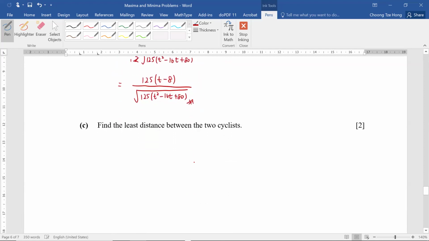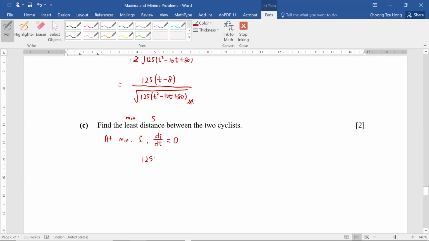Next, they want us to find the least distance. Remember the distance is s. Least distance also means minimum distance between the two cyclists. So we know that at the minimum value of s, ds/dt is equal to 0.